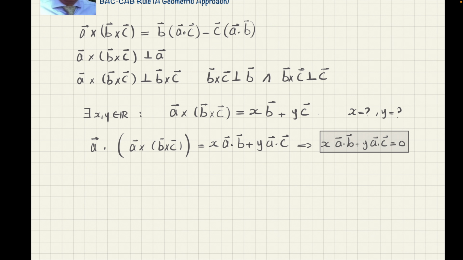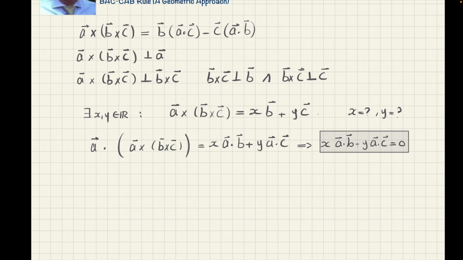Okay, my strategy to tackle this problem for finding another equation for x and y is completely different. I don't want to follow this exactly here right now. I want to prove this BAC-CAB rule for particular cases.